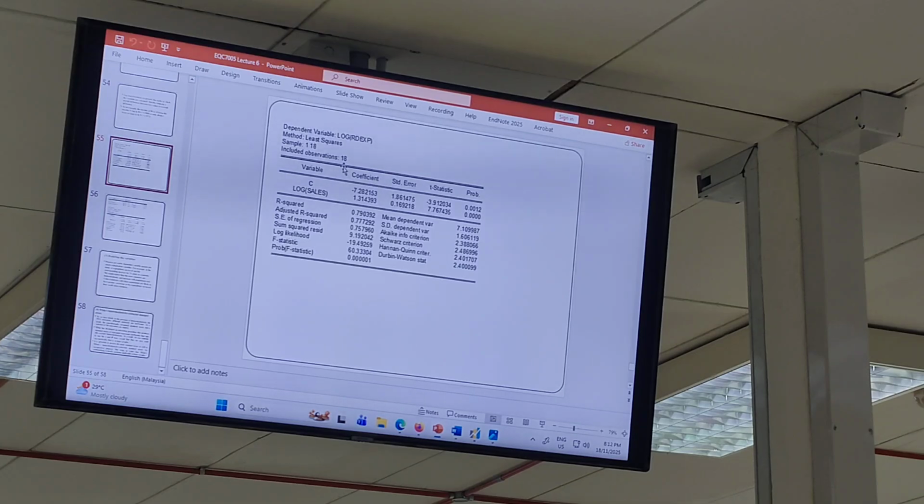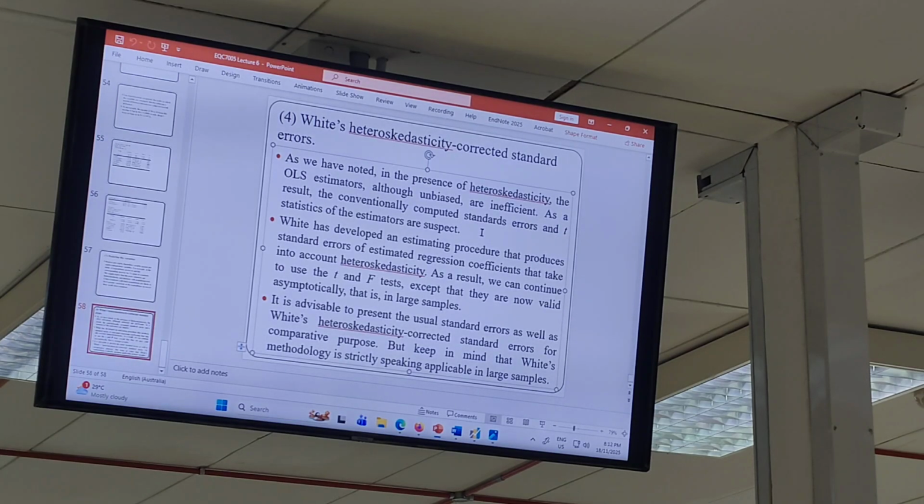It's quite small, so you cannot use it. But later I will show how you have to use that one. If you have a small sample like 18, then don't use this. My suggestion is that if you have less than 50 observations, do not use this. But even 50 is sometimes not sufficient.